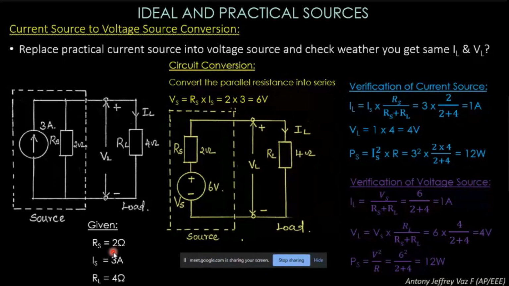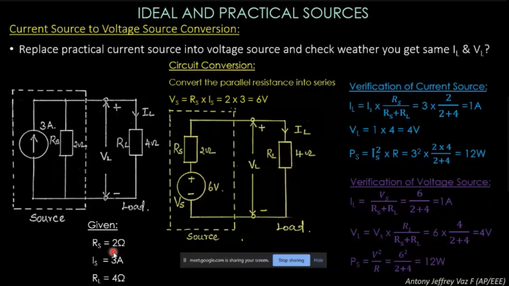Why do we need to convert the sources? It's a different topic, but in a practical scenario we will have a voltage source, for example a battery, but the battery source, that is the voltage source, will be delivering current out of the battery.